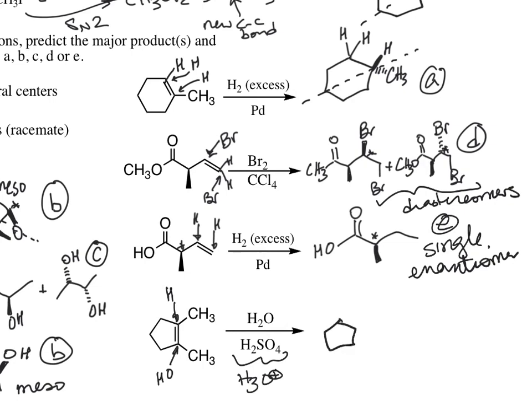So we're going to get the product where the hydrogen adds to the top face and the OH adds to the top face, that would push both methyl groups back. And we can get the hydrogen adding from the top face. Let's keep the hydrogen the same. And the OH adding to the bottom face.